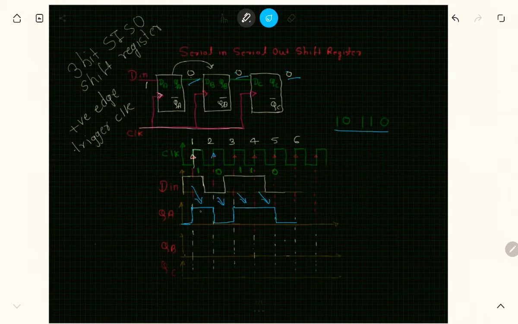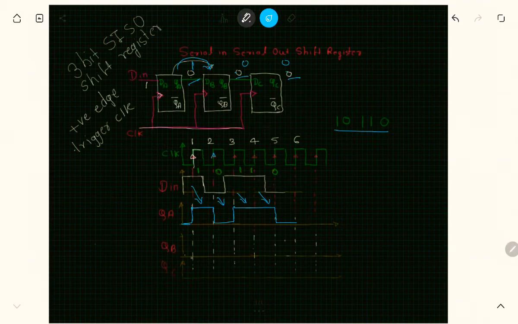As this QA is the input to DB, during this second clock pulse the output of this first D flip-flop becomes 1.